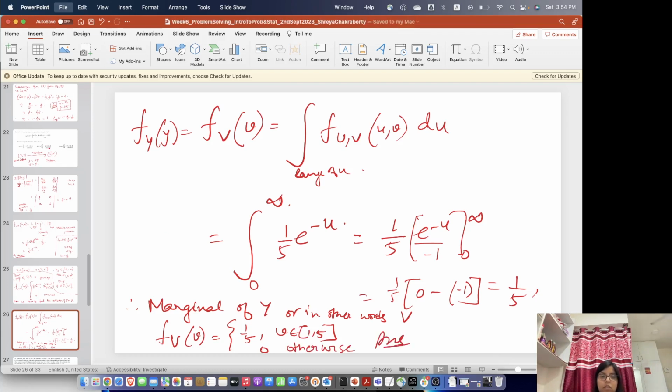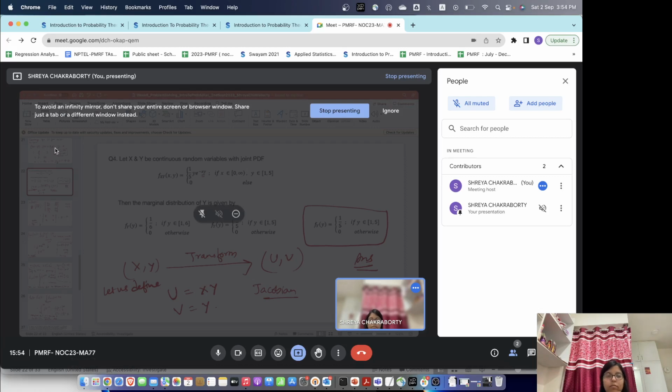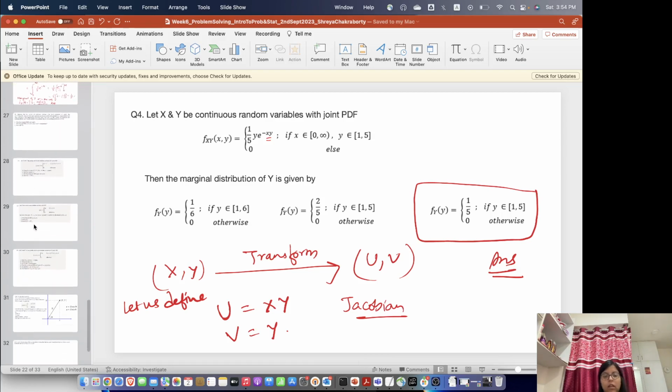So essentially the marginal distribution of y is this one. I hope this is clear. Fine. Then we'll move on to the next one.